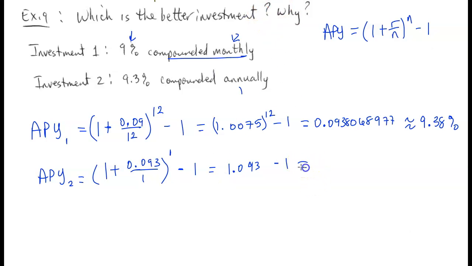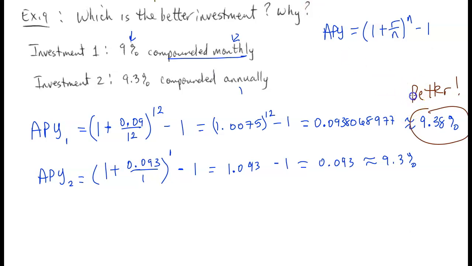And we see that this is just going to be 0.093 or 9.3%. Okay. And so we see here that based upon what we're looking at, investment 1 is better. Okay.